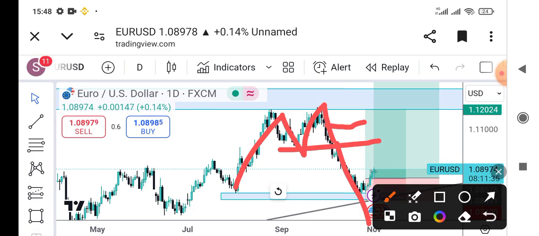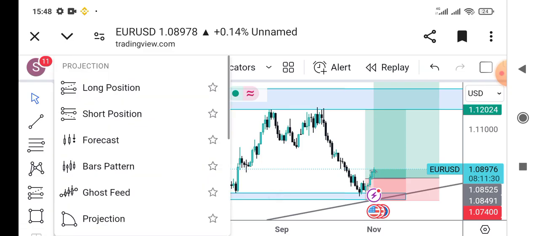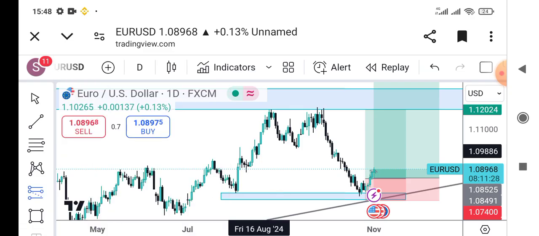Let me show you today a safe section. A safe short.